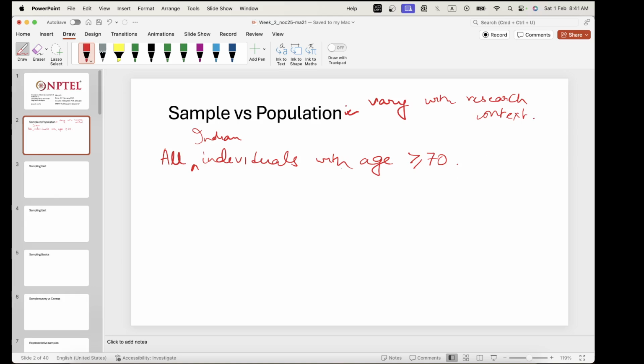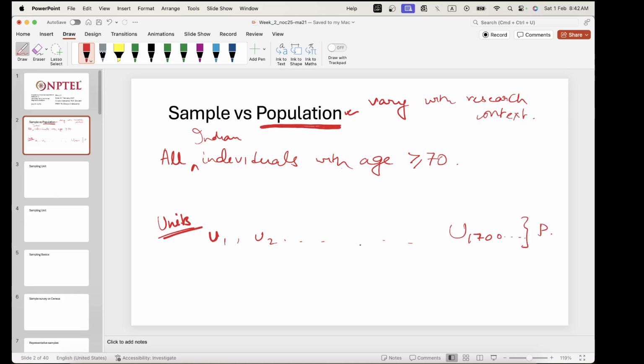Okay, so how is this population defined? It is defined in terms of some units. Let's say unit 1, unit 2, to a large number, let's say unit 17 lakh something. This is my population.